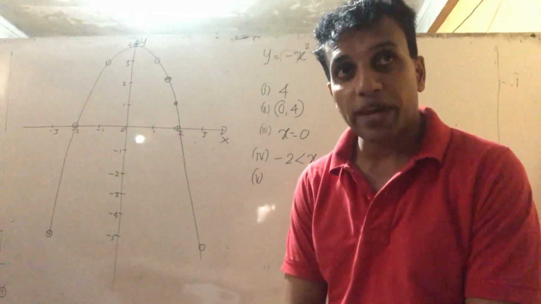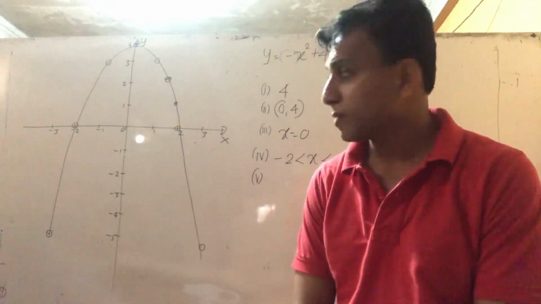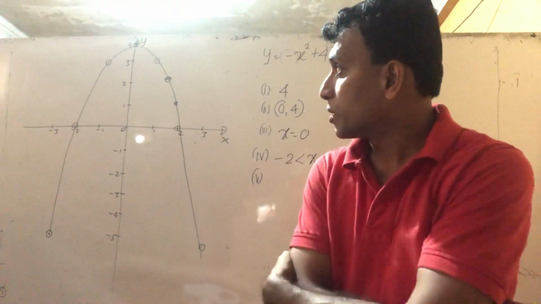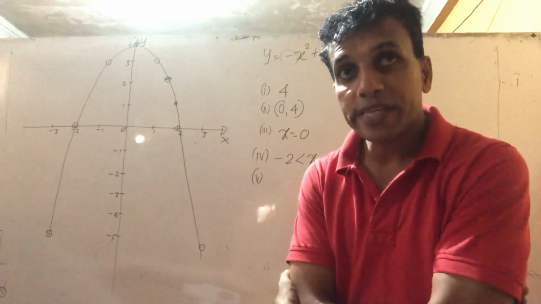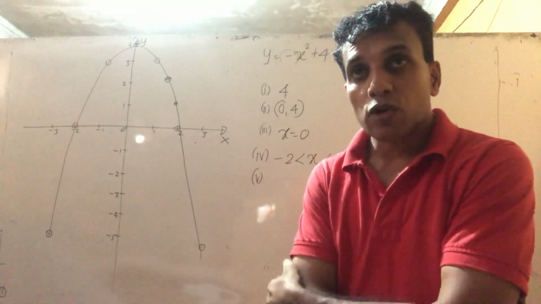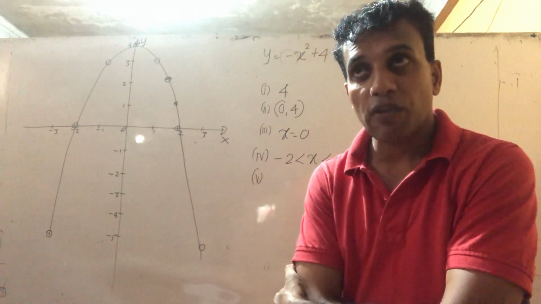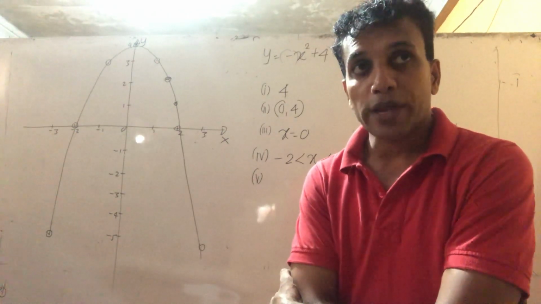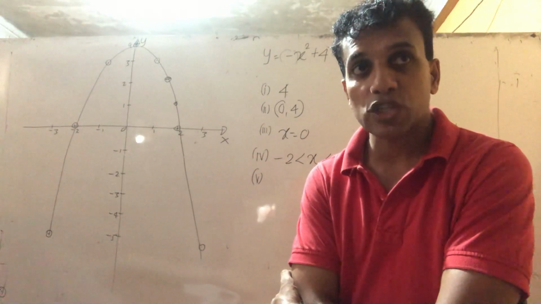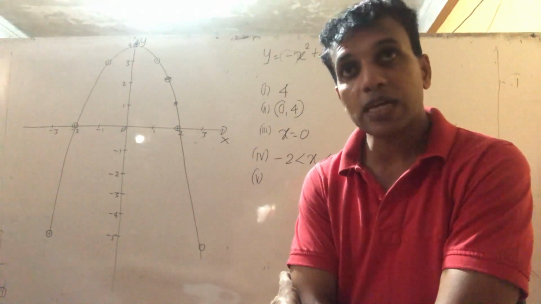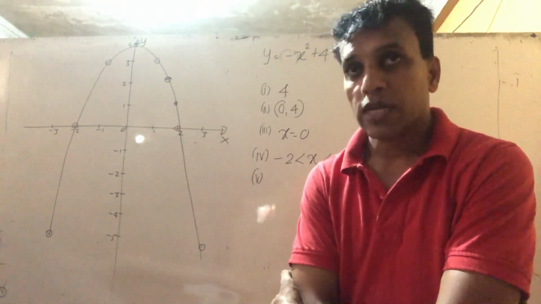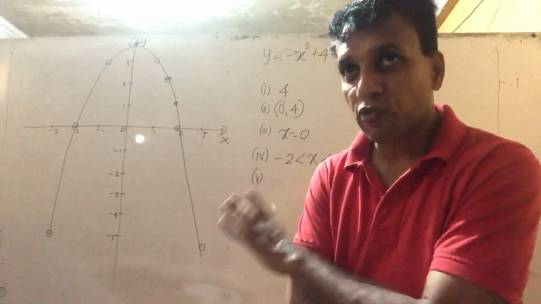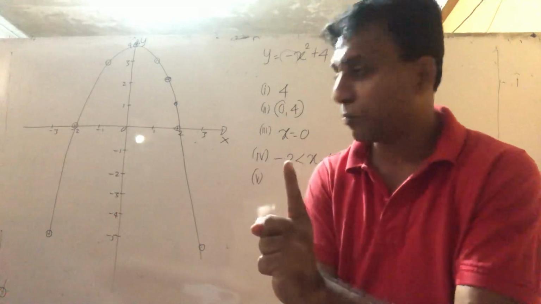Right, next part. Write the range of x where the function is positively decreasing. Okay, see the important ranges, so many ranges there. I will show properly, not only for grade 10, still for your O levels, the idea is very important.